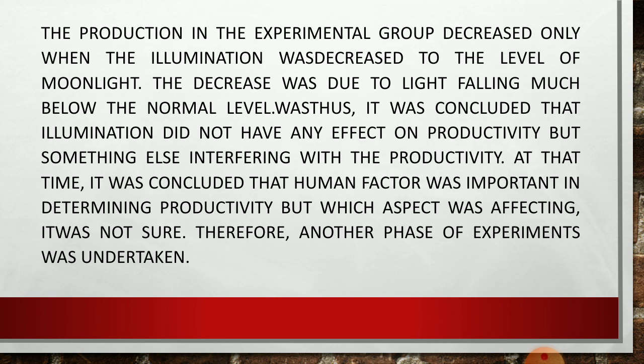The production of the experimental group decreased only when the illumination was decreased to the level of moonlight, or lower than moonlight. The decrease was due to the light falling much below the normal level.